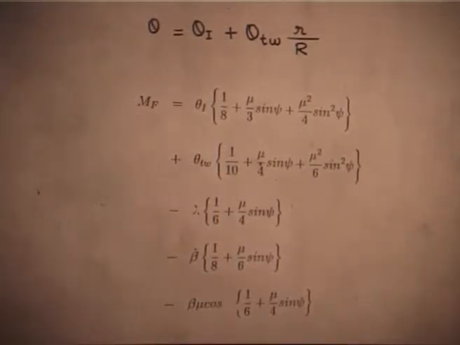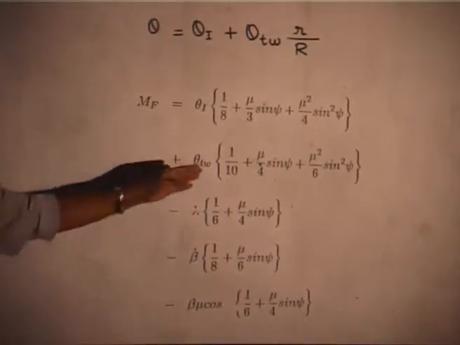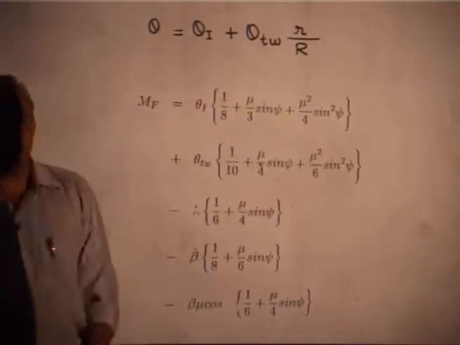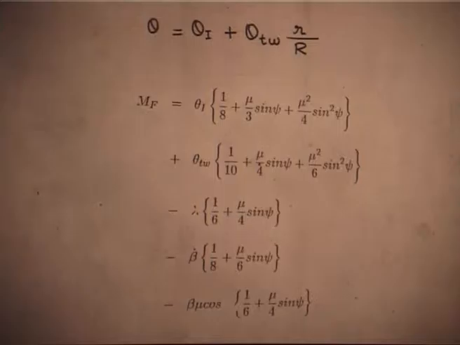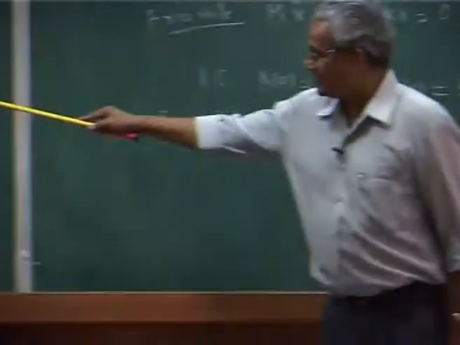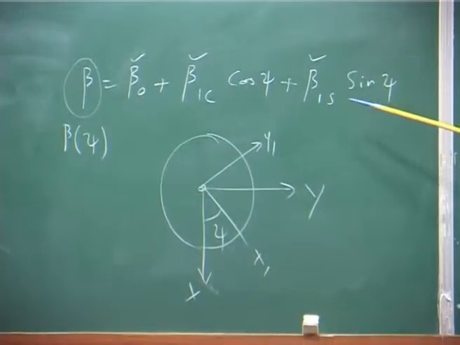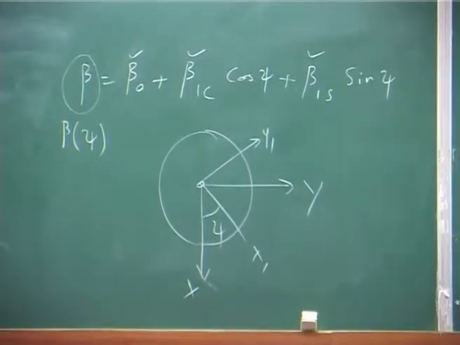So, we are looking at steady state values, and I am not looking at the second harmonic, that is sin 2 psi or sin 3 psi, because I restrict my response only up to the first harmonic.